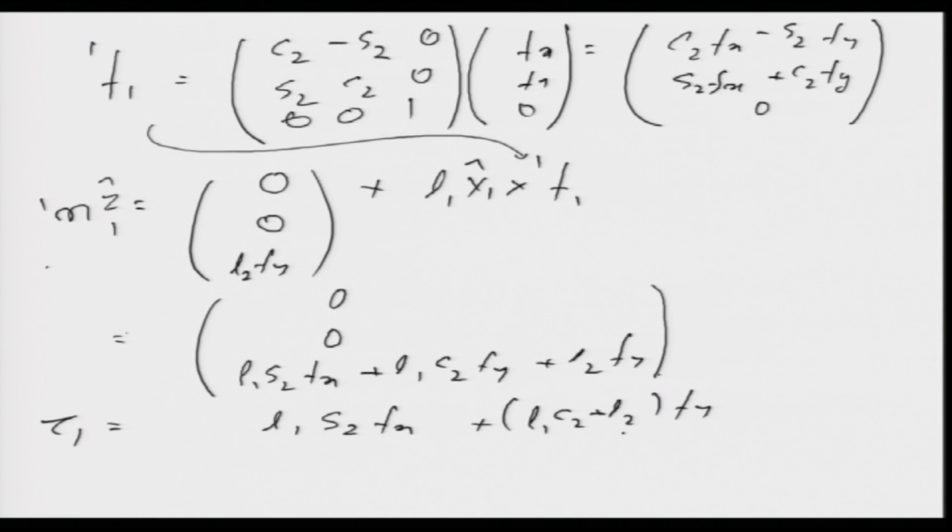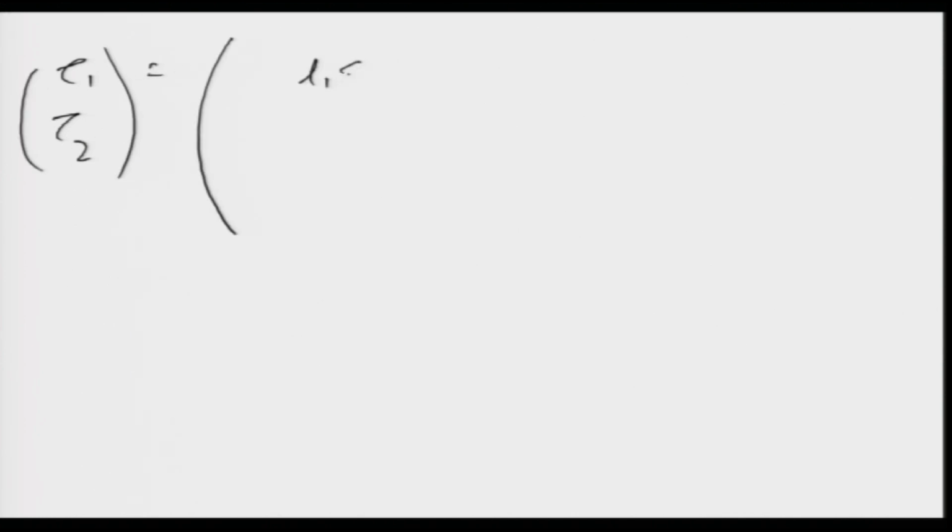This is my torque 1, and torque 2 is equal to L2 f y. Now, if I write the same expression in matrix form, then tau 1, tau 2 is equal to L1 S2 on one side, then L1 C2 plus L2, and here it is 0, here it is L2, multiplied by Fx, Fy.